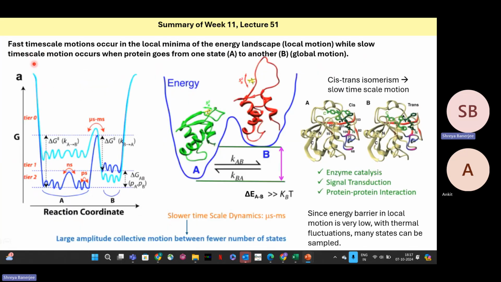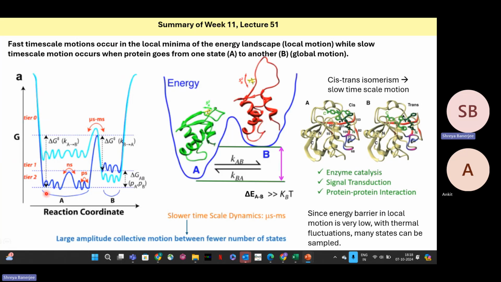Now we look at this fast timescale motion, which occurs in the local minima of the energy landscape, that is local motion, while slow timescale motion occurs when the entire protein goes from one state to another, which is called the global motion. So just imagine this is the protein folding funnel, and you can see there are small variations within one.